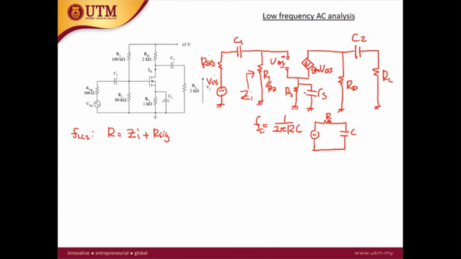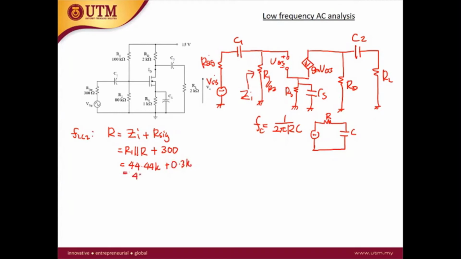What is ZI? Because RS is bypassed, we only see the R1 parallel with R2. So ZI is R1 parallel with R2 plus 300. R1 parallel with R2, we know the value is 44.44K, plus 0.3K.